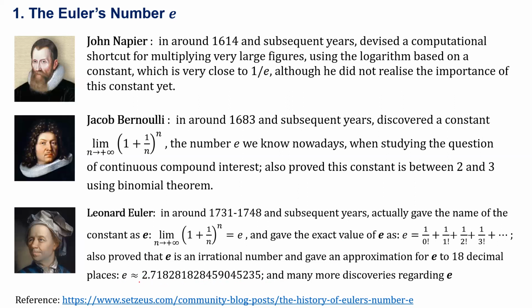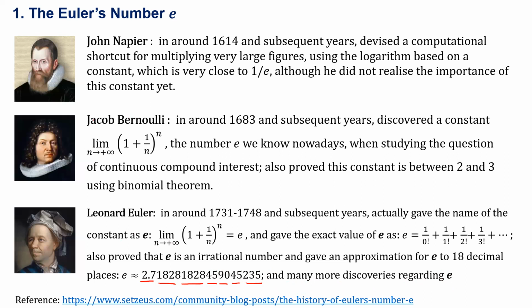Because you can treat this number as 2.7 followed by a pattern 1828, 1828, then 3 angles in an isosceles right triangle 45, 90, 45, followed by 3 figures 2, 3, 5. And Euler also gave us many more discoveries regarding the number E.